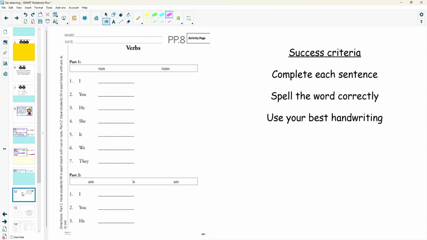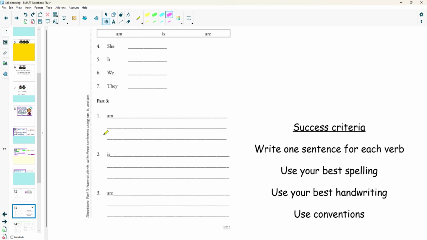For part 2, you are going to choose the correct present tense verb, am, is, or are, to complete the sentence. The success criteria for parts 1, 2, and 3, which is on the back, are that you complete each sentence, you spell the word that you are copying correctly, and you use your best handwriting.